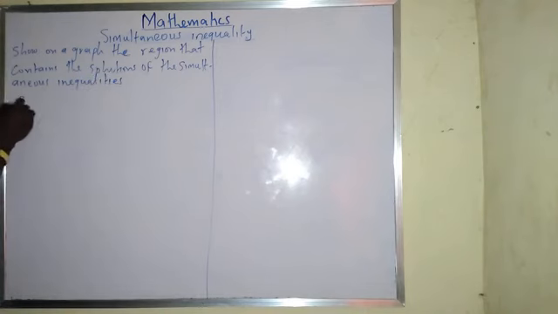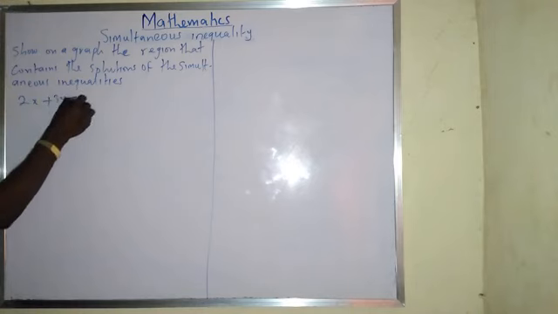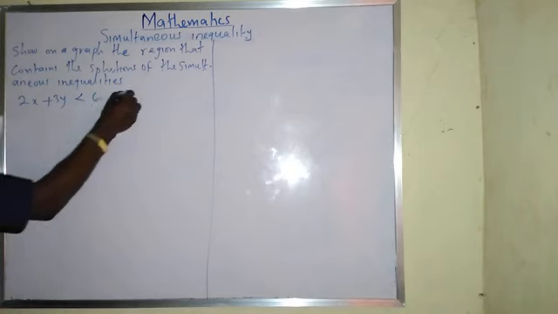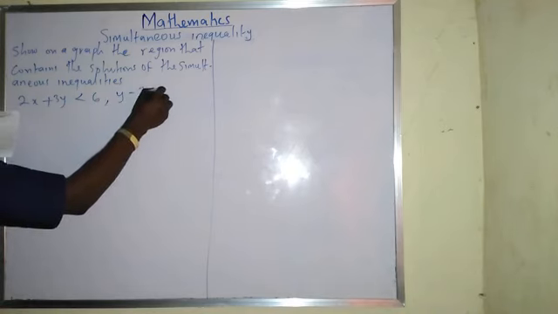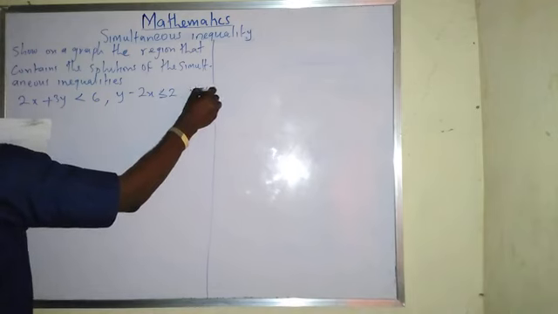Now, I have the inequalities in this form: 2x plus 3y less than 6, y minus 2x less than or equal to 2, and y less than or equal to 0.